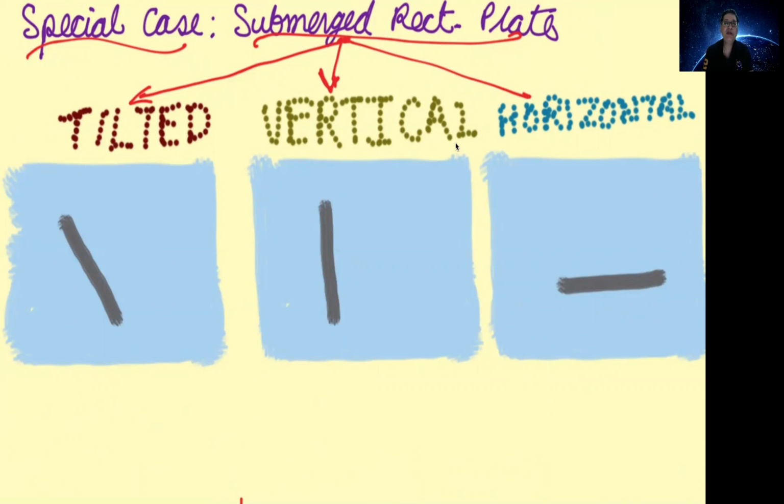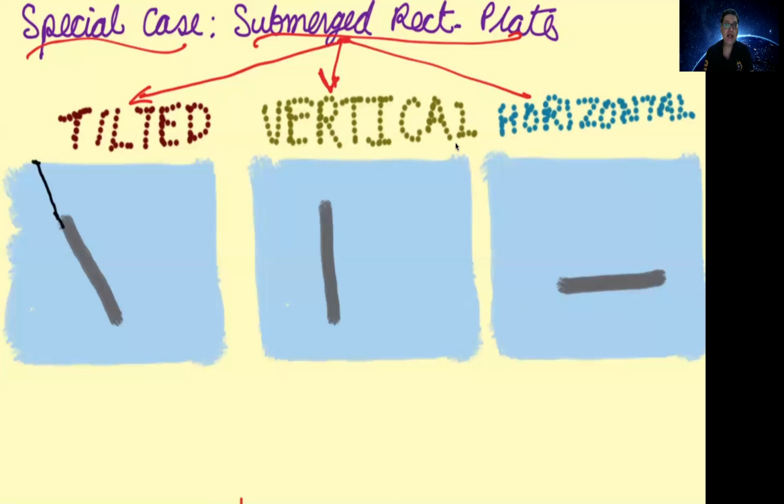Our interest for these three cases is to determine first the magnitude of the resultant hydrostatic force, and second the point of application, using the expressions which have been presented in the previous slide.